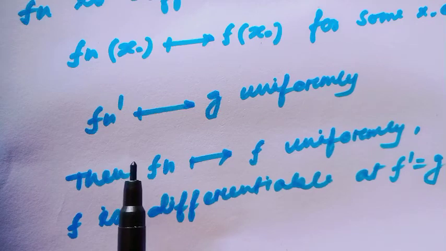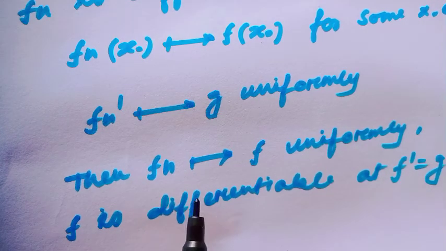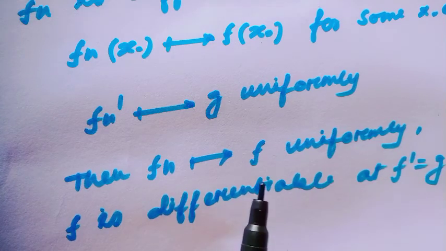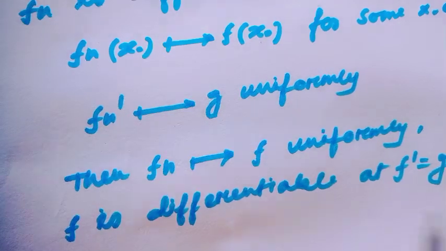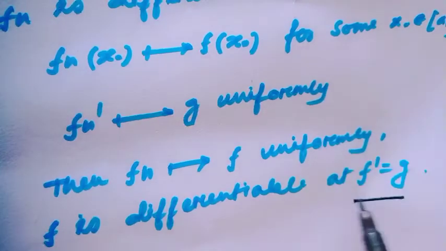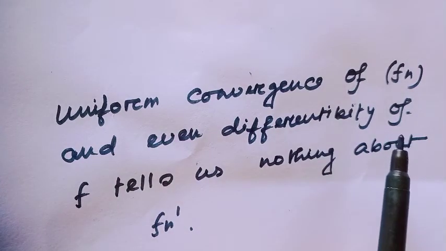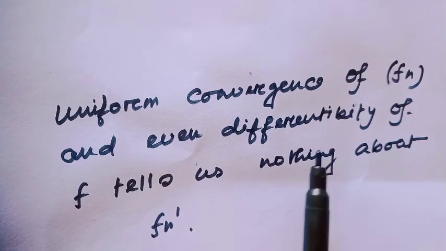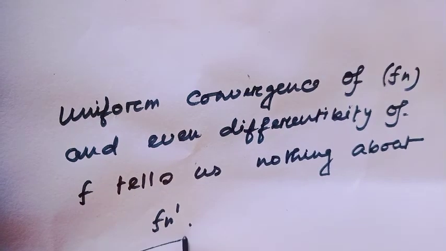If Fn prime converges to g uniformly, then obviously Fn converges to f uniformly, and f prime equals g. But uniform convergence of Fn and even differentiability of the function f tells us nothing about Fn prime. Are you getting the idea?